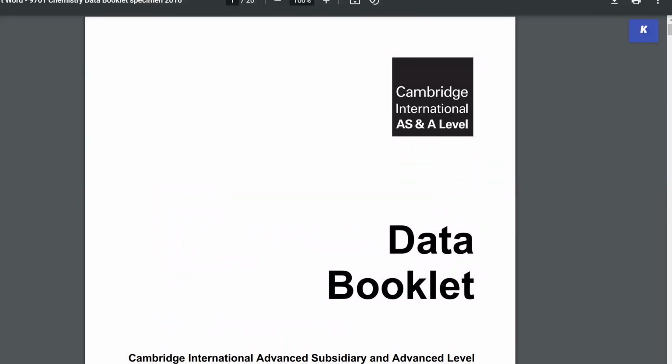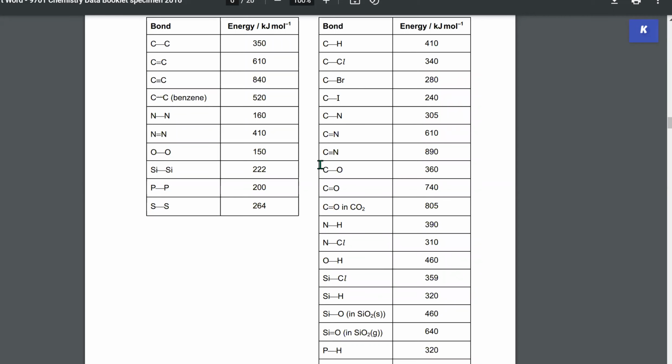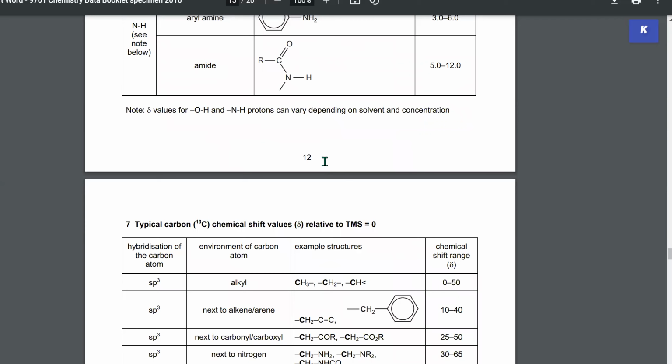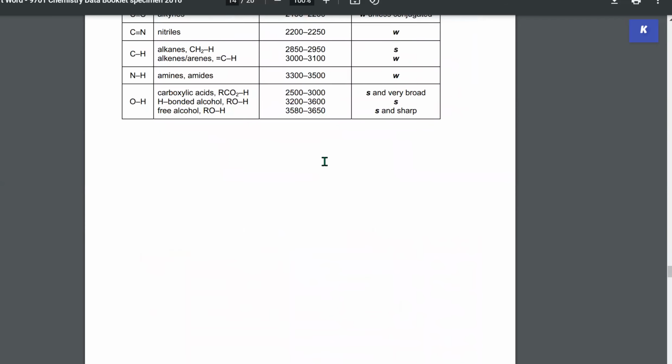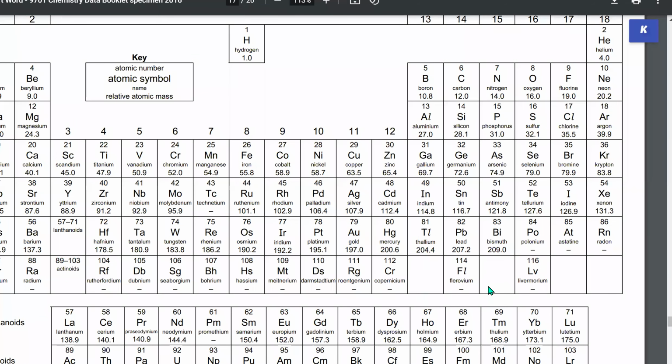So this data booklet, which you can see on your screen, has a lot of values. For moles, the most important page is the periodic table. That's the one that we'll deal with when we do a moles question. So right at the end, here's your periodic table. Now in your periodic table, every atom has two values.